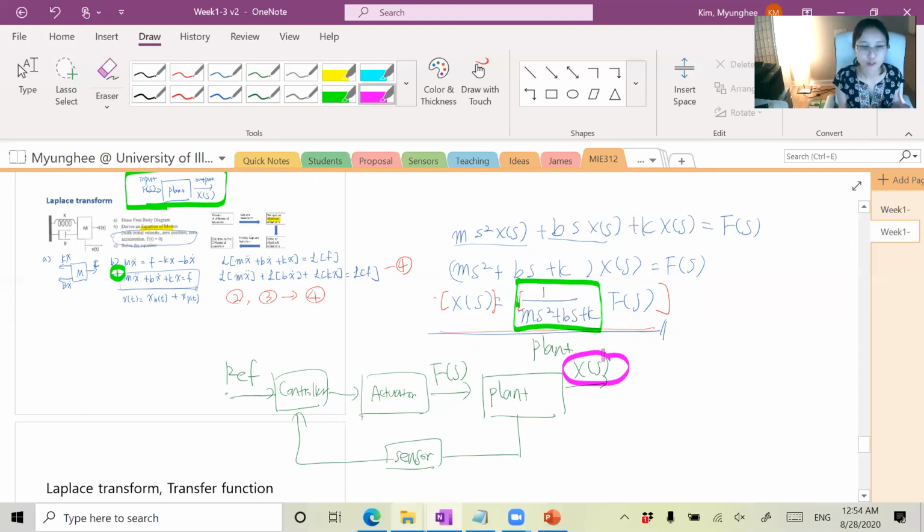So that's why you are using the Laplace transform for this linear control system. It makes our life much easier and more intuitive.